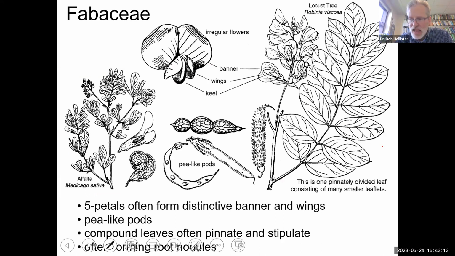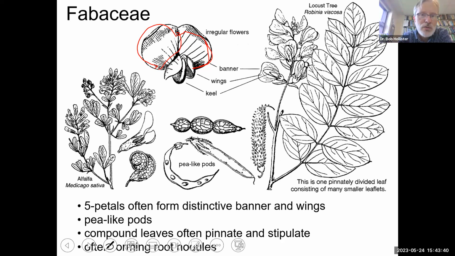Next one, Fabaceae. So you could say the Fabaceae is fabulous, right? What makes them so fabulous? Well, they don't all do this, but the really easy ones have this banner, so 2 petals here that just stick up and they're showy, so they're a banner.